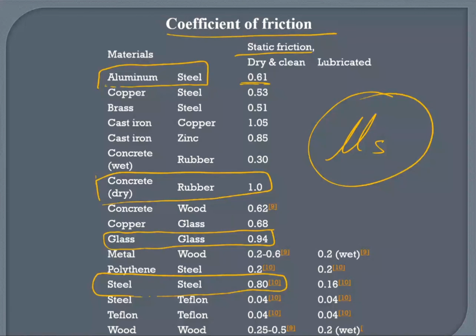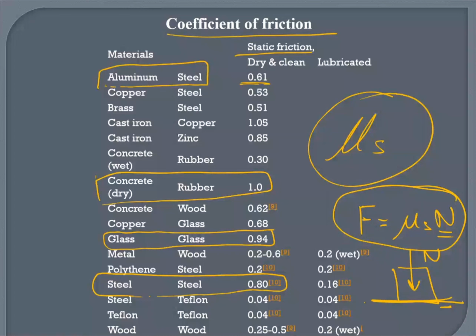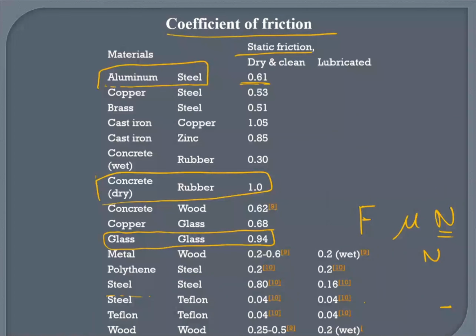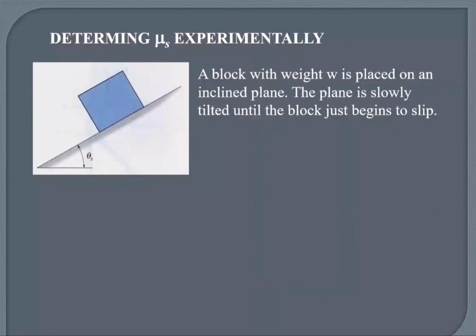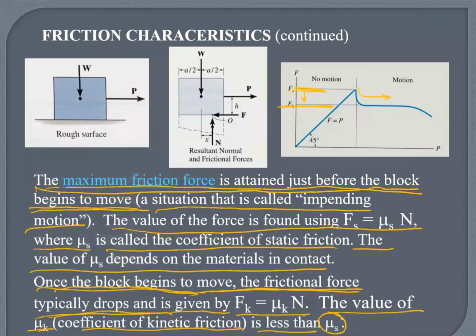And it's all about F equals mu s N. What is N? N is basically the vertical force acting on the object. I will explain this in the coming slides. But at the moment, let us go back and spend time on this one here.